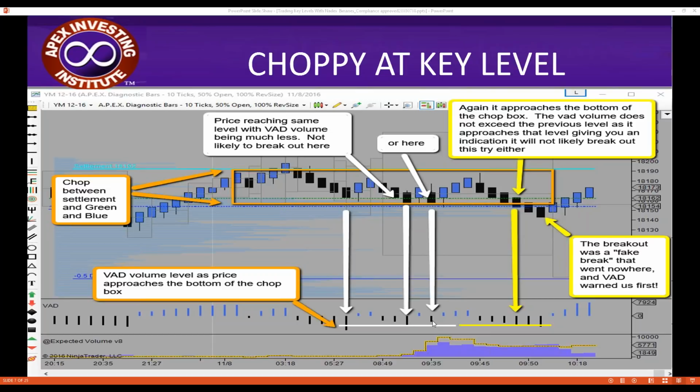This push down, not much. This push down here that broke it, see it? As it broke the box right here, as it was breaking out of the consolidation box, was there any more accumulated volume here than there was back here on the failure? And there's even less than there was here. Do you see it?